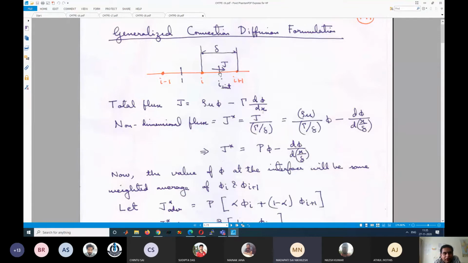What will be the direction of flow if P is positive? Towards phi I plus 1. So which grid point value should dominate the interface value? Phi I, sir.